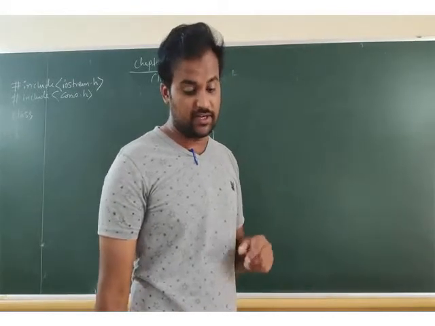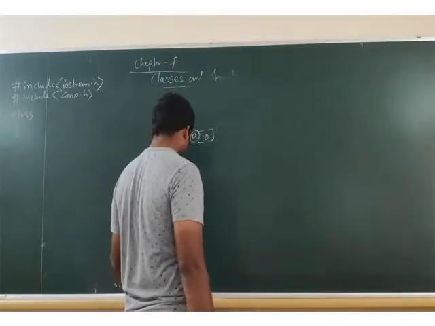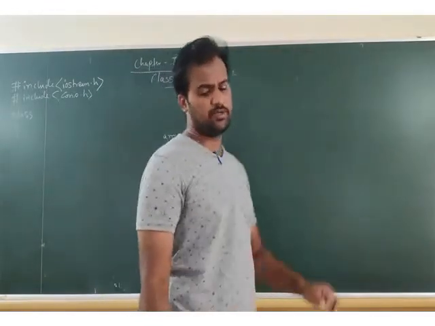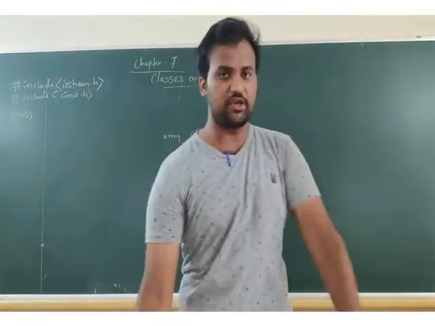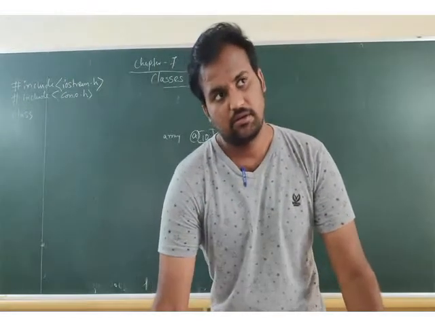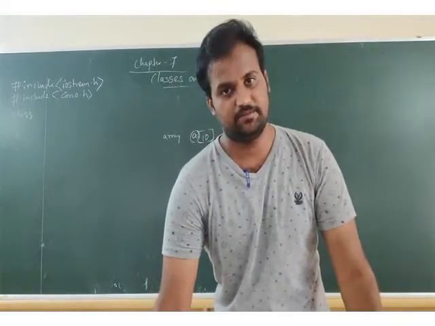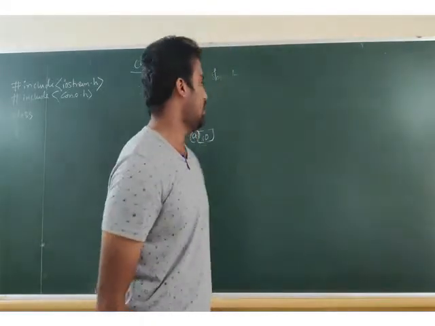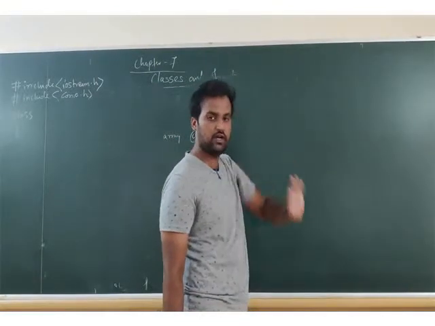Now listen here. Think that I have information of a particular student. I want to execute the name of a student, and that too for different students. For example, I want 3 names.